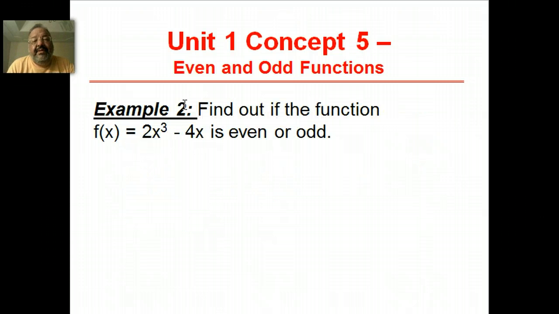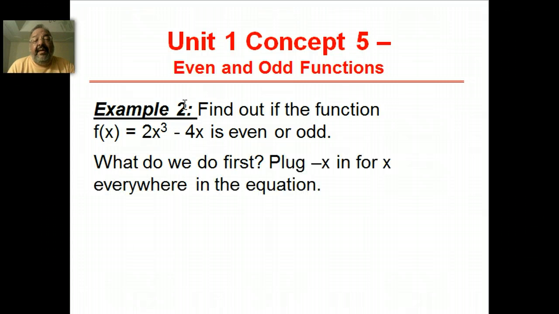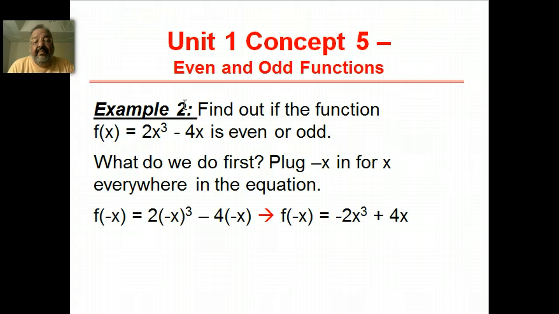For example 2, find out if the function f of x equals 2x cubed minus 4x is even or odd. Well, I'm going to do the exact same thing. Everywhere I see an x, I'm going to plug in negative x. Everywhere in the equation. So here it is. I plug it all in and simplify it.